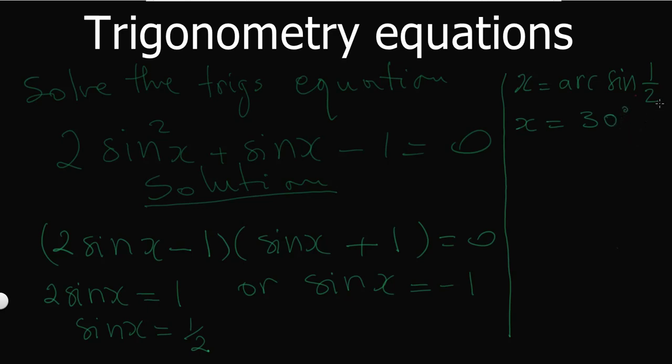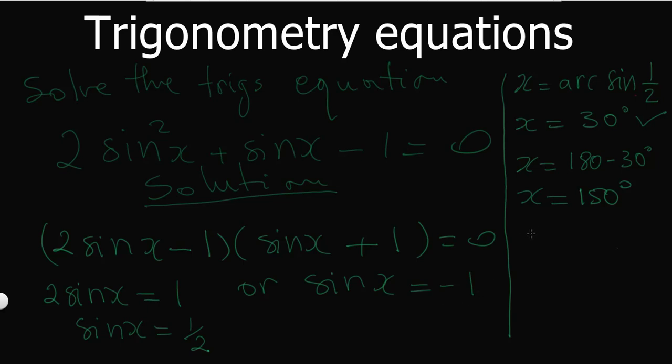Now this is the first quadrant, because the reference angle is in the first quadrant, and the sign in the first quadrant is positive. So this is correct. In the second quadrant, sine is also positive, so it will be 180 minus 30 degrees. So another answer will be 150 degrees.